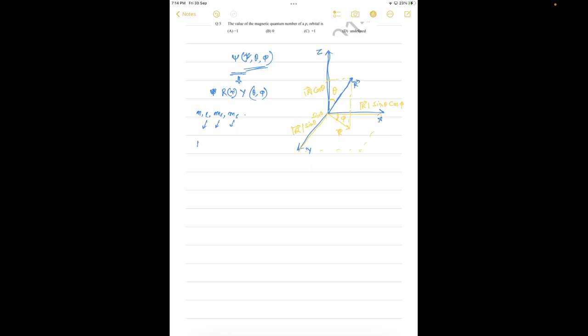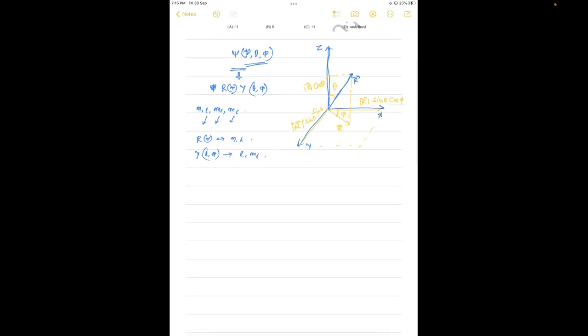Now the radial part of the wave function will depend upon n and l, and the angular part will depend upon l and ml.